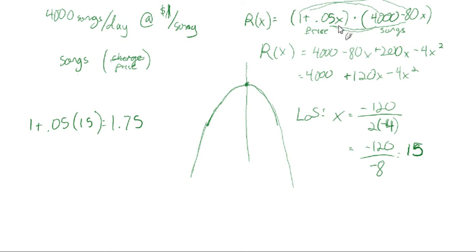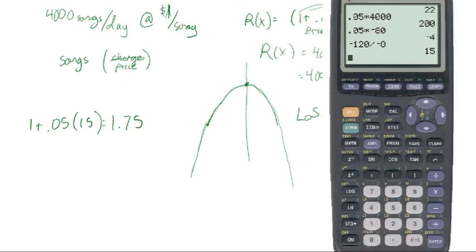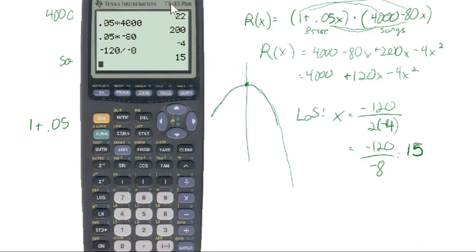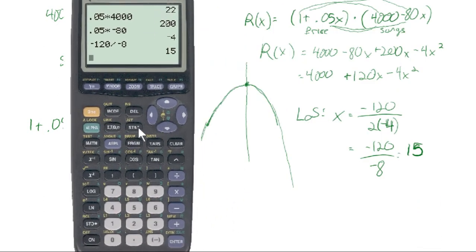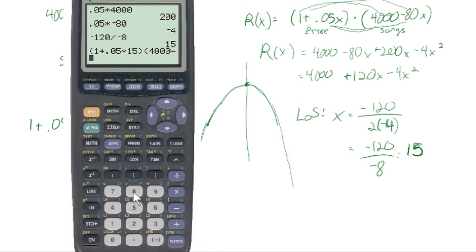Let's go ahead and do it. We're going to put 15 in there for x. We're going to see 15 increases of 5 cents. So here in the first parentheses, we have 1 plus 0.05 times 15. Okay, so that's the cost of each song. Times the number of songs that we sell in a day. That's 4,000 minus 80 times 15.